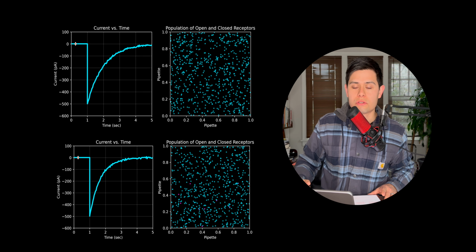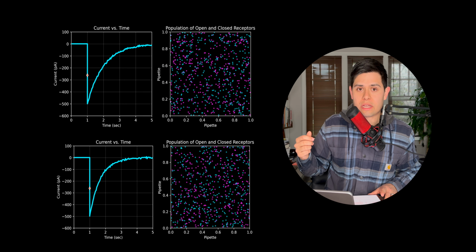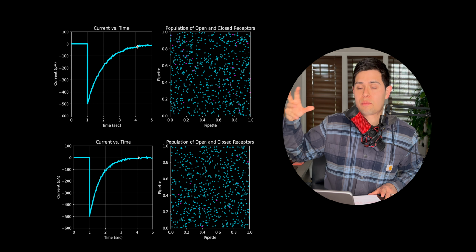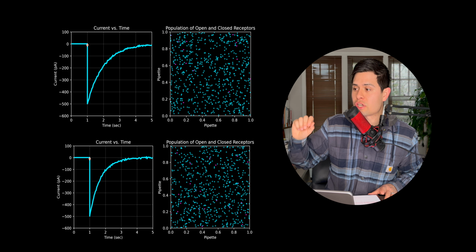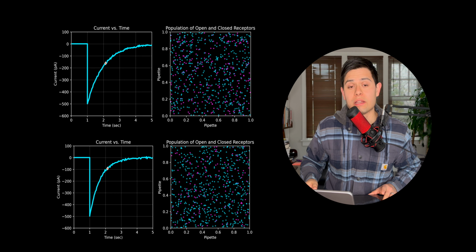It's the time constant that takes us from the closed to the open state. We can do the same thing and create a curve that takes us from the open to the closed state. That's just going to change the slope of this graph.